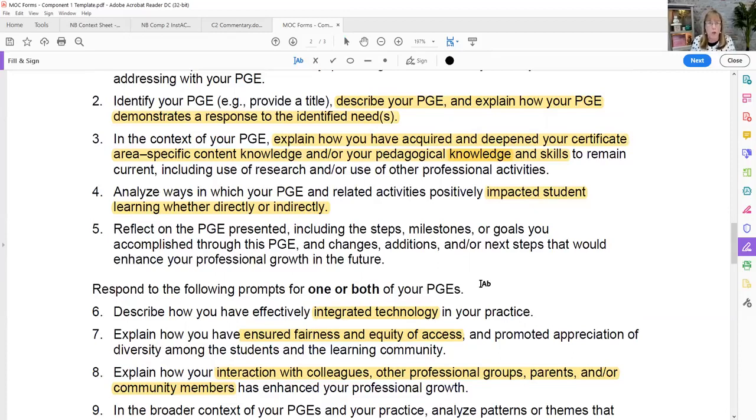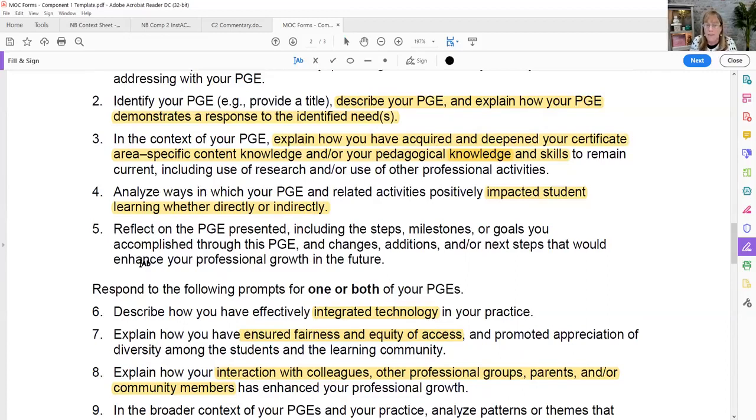Talk about your milestone. Don't make your assessor guess what your milestone is. Let them know. As I reflect on this work, I see a milestone when, or of, or because. What were the goals that you accomplished through this PGE? Reflect on it. Say, through this work, I see that I've done this. In the future, I'm going to do this. These are my next steps.